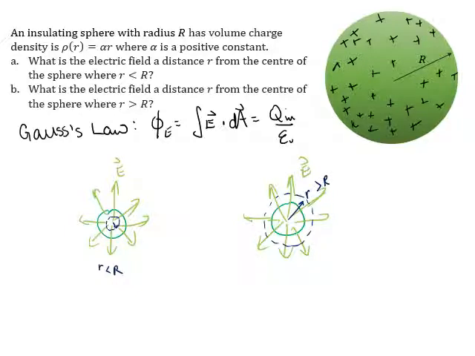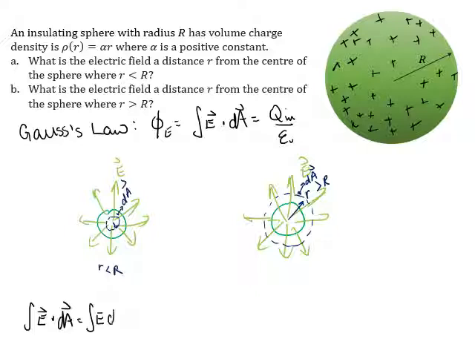So when we do our integral of E dot dA, it's the integral over the surface of this sphere. In both cases, the little element of area points radially outwards. And since the electric field is radially out, the electric field and the area elements are parallel.